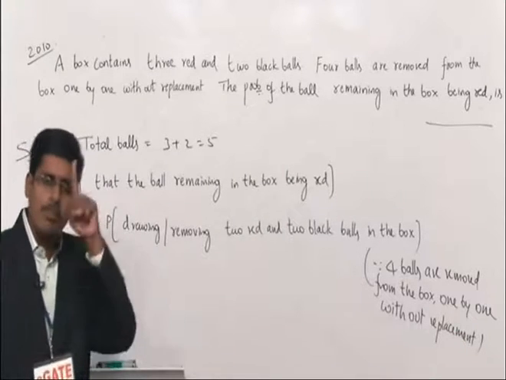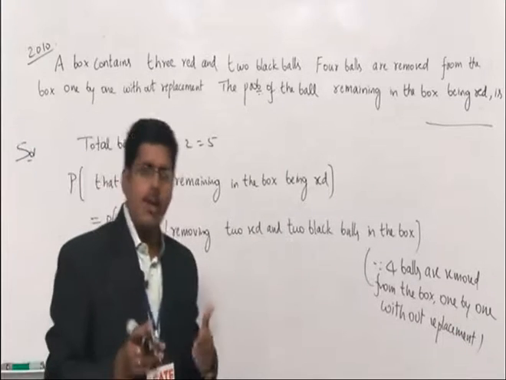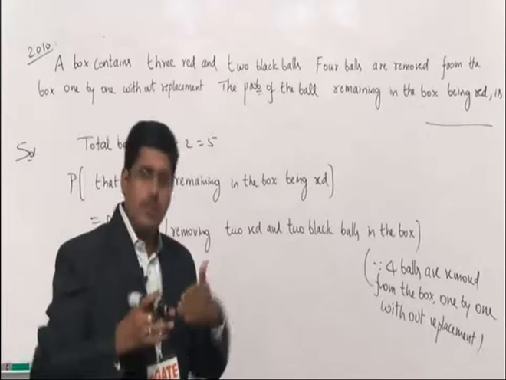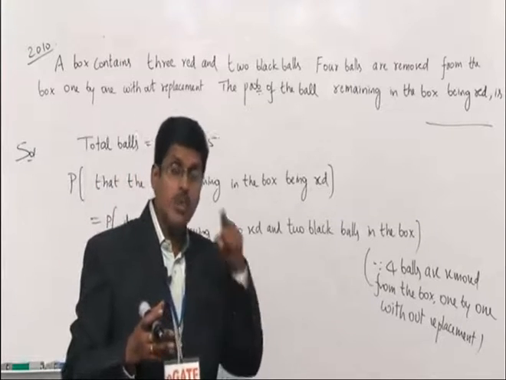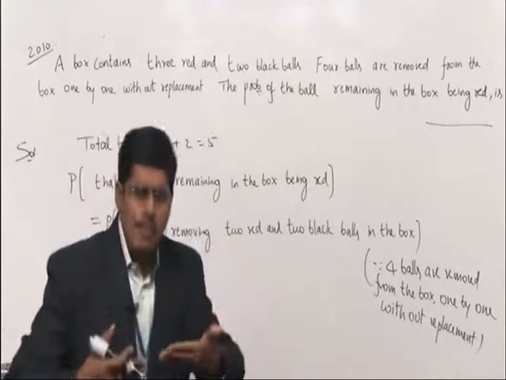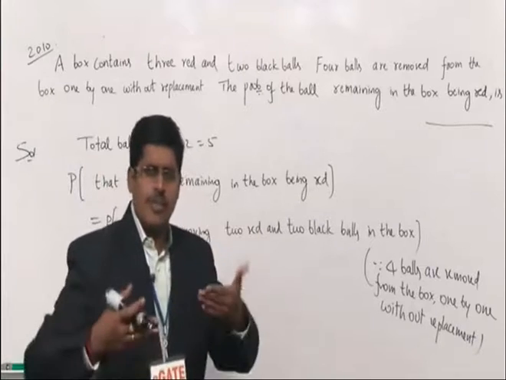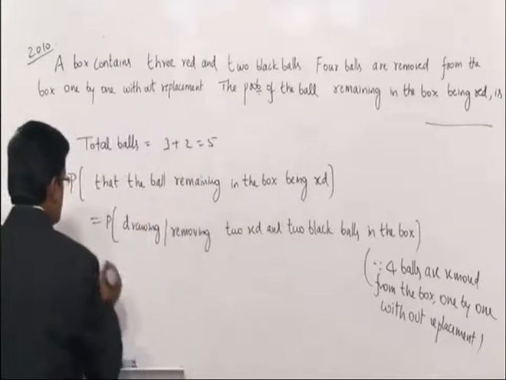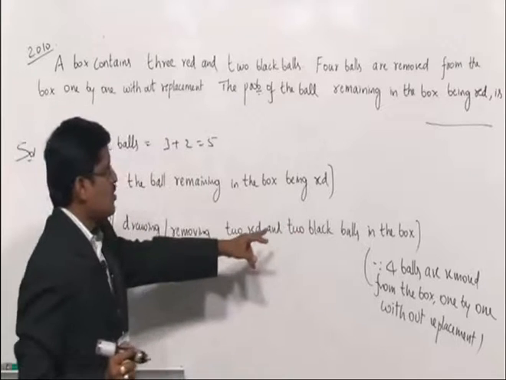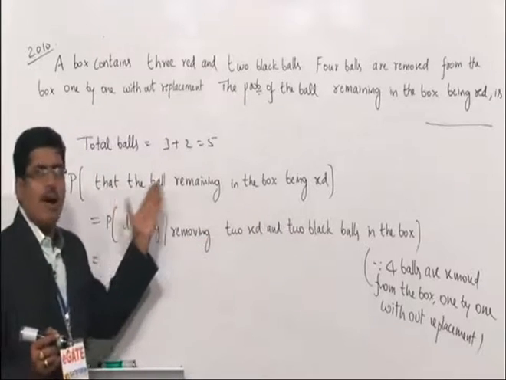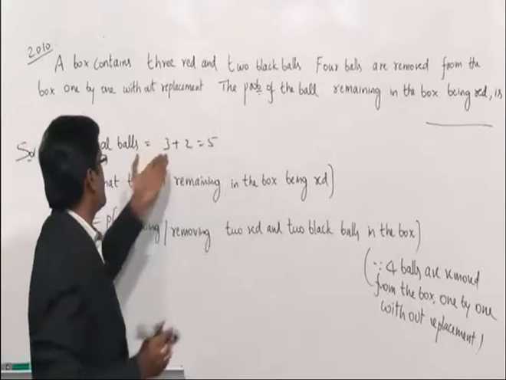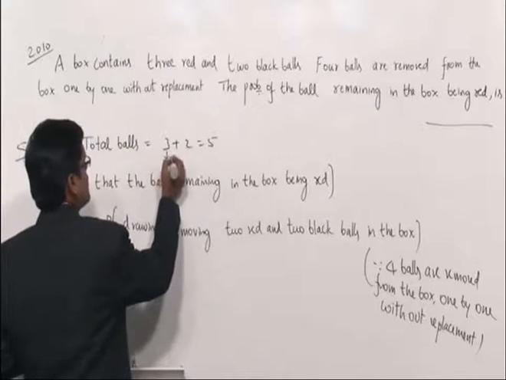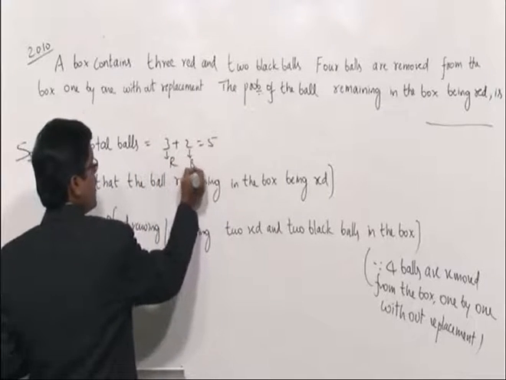That means compulsorily 1 ball remained in the box. The remaining 1 ball should be red, which means they are drawing or removing from the 5 balls 2 red balls and 2 black balls only. Okay. So drawing 2 red balls and 2 black balls is nothing but the remaining ball is red, because 3 red balls are there. Here 3 red and 2 black balls.